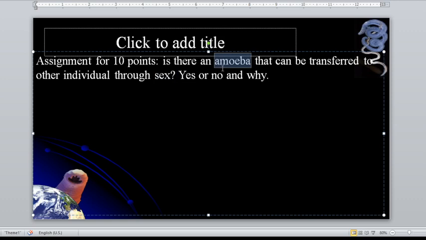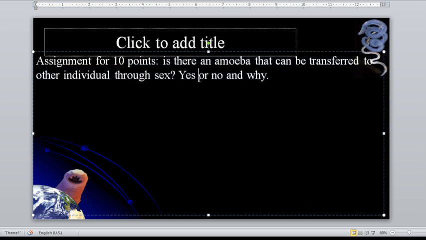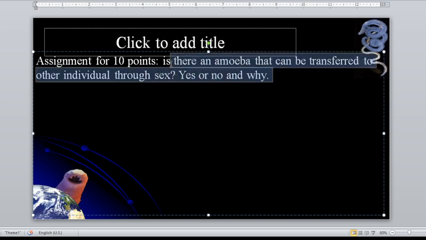If your answer is yes, what is that parasite and how is it transmitted? Through sexual intimate contact. And if your answer is no, you should still explain why there is no amoeba transferred through sexual contact. So, assignment for 10 points.